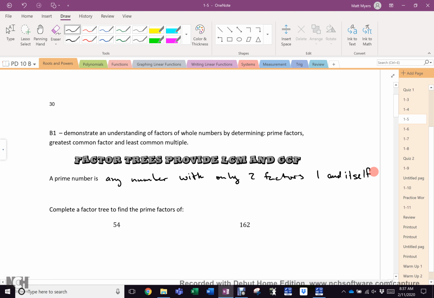So if we're going to do factor trees for our purposes, we need to do prime factor trees, which means if we are going to keep with that analogy of calling this a factor tree, each branch must end in a prime number. If it doesn't end with a prime number, we must continue to grow the branches. Everybody cool? Now, many teachers draw their factor trees in many different ways.